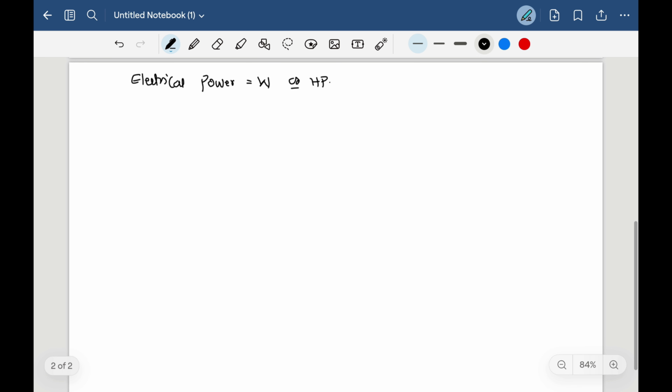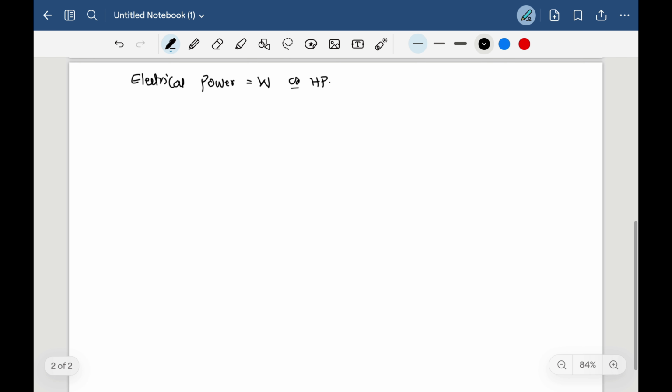Watt and HP. What is watt? What is HP? HP is the horsepower. What is the SI unit of the power? Watt is the SI unit of the power and HP is a general way of expressing the power.